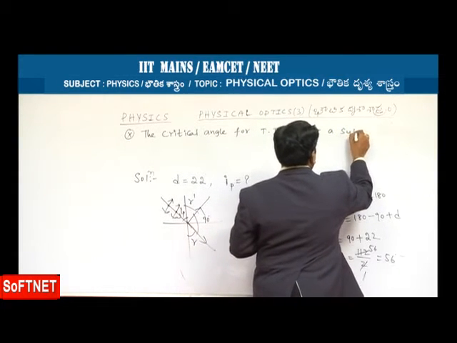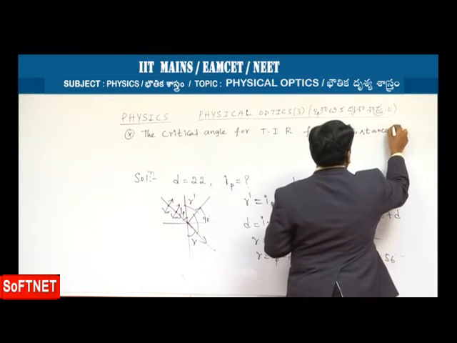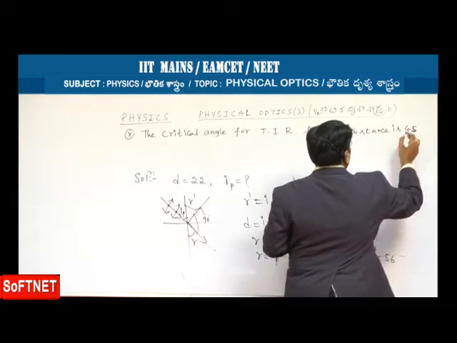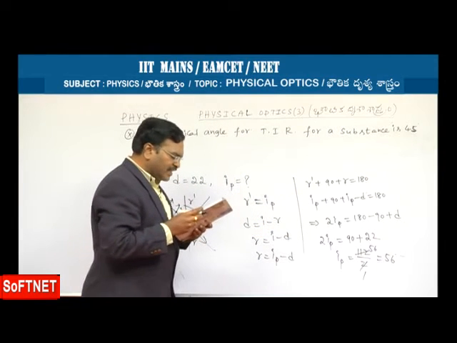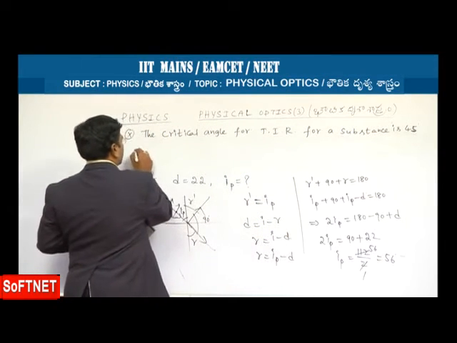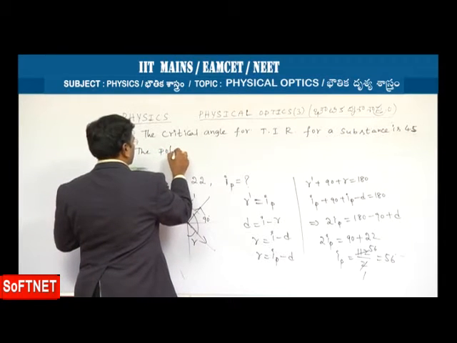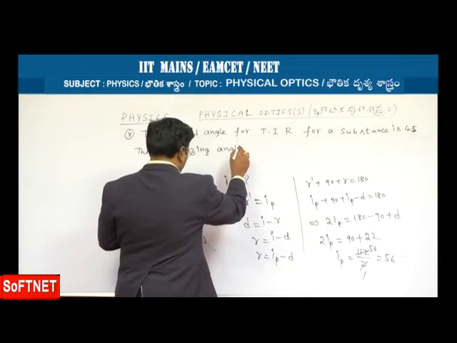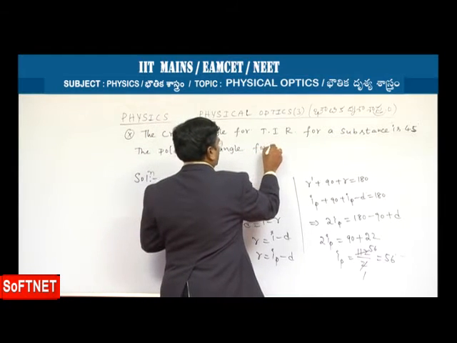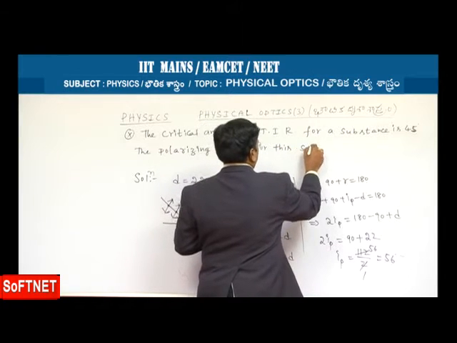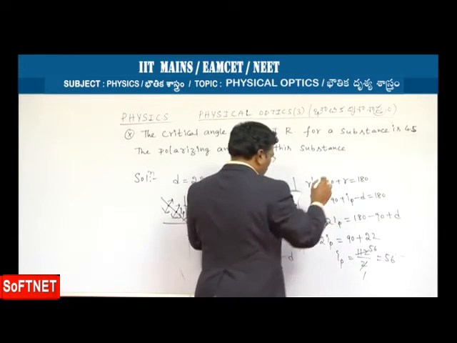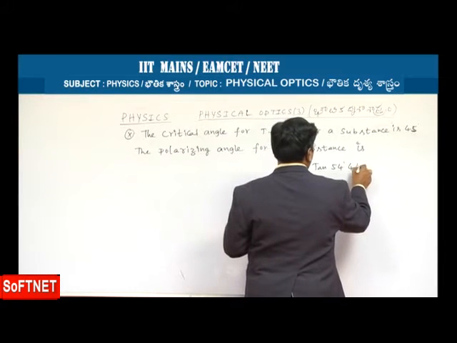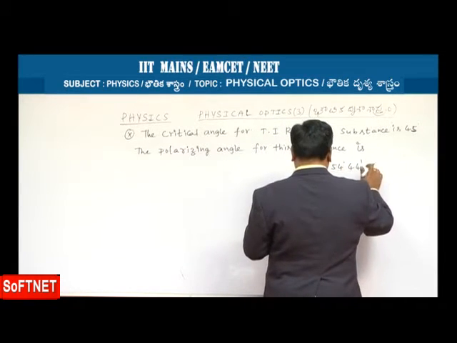TIR represents total internal reflection. The polarizing angle for the substance is, in brackets, tan 54 degrees 44 minutes is equal to root 2.